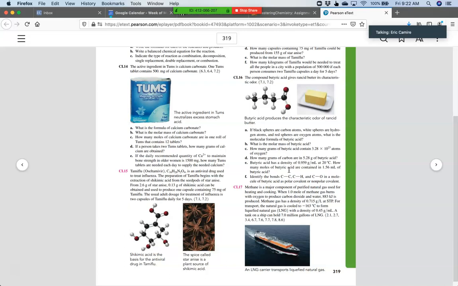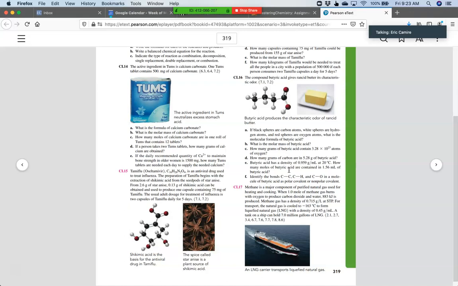The first thing I'm going to write down is the chemical formula, C16H28N2O4. So it's quite a big molecule. It says it's an antiviral drug used to treat influenza. The preparation of Tamiflu begins with the extraction of shikimic acid from the pods of star anise.